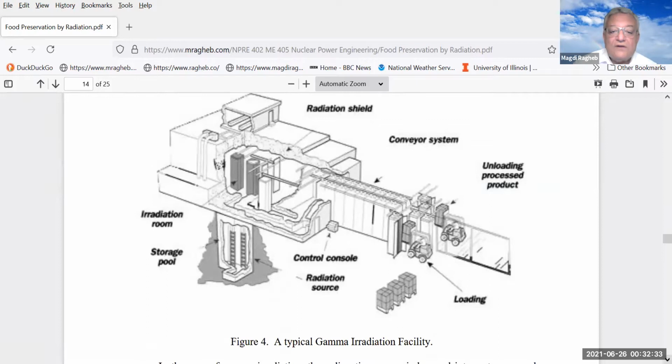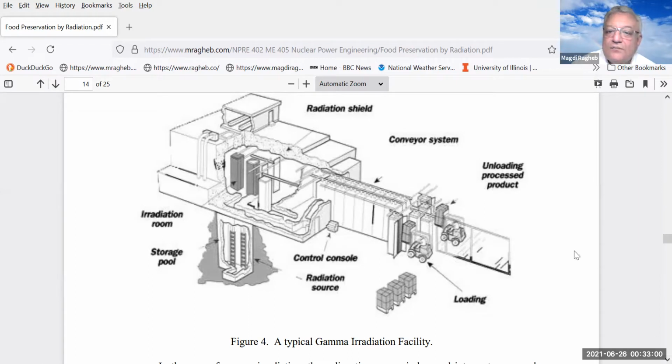This is a schematic of a typical gamma irradiation facility. As I told you, it is used routinely now for the sterilization of medical products. In that case, you have plastic disposable syringes in boxes, but you can also use the gauze used in operations or plastic tubing used in medical applications.